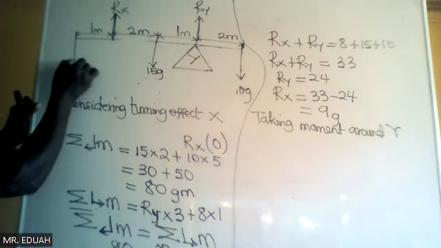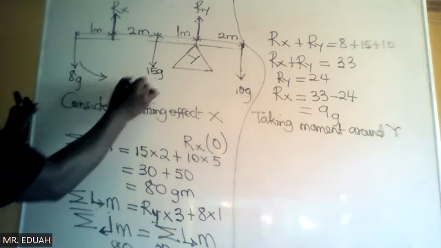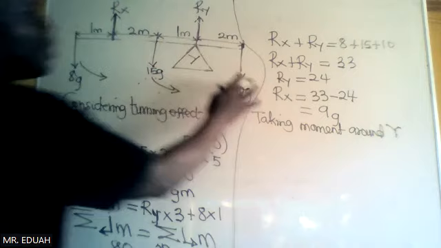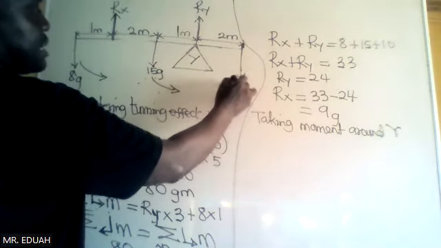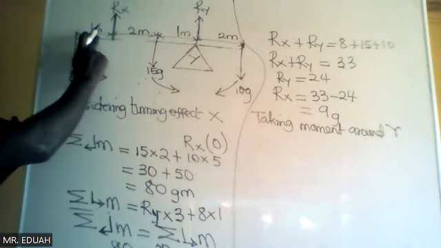What will this produce? This will produce anti-clockwise. This will also produce anti-clockwise. What about this? This will produce clockwise. What about Rx?